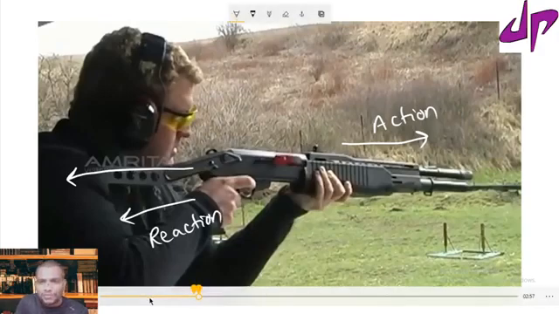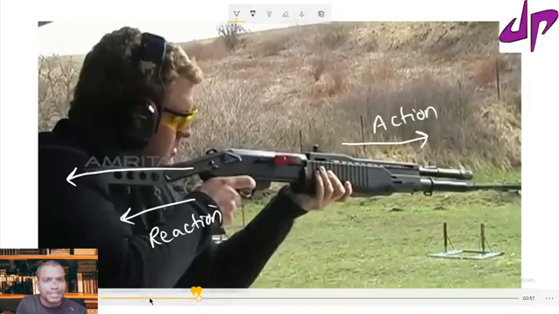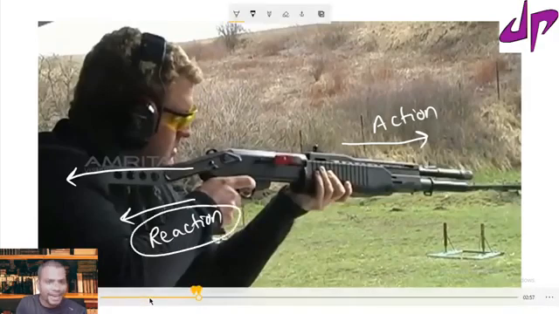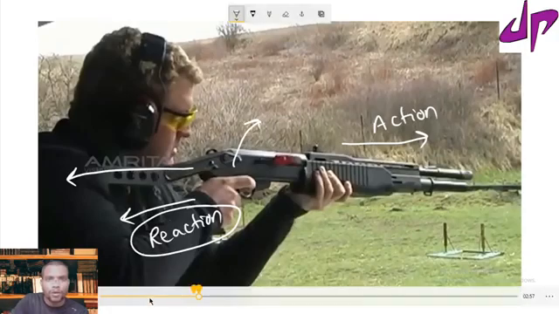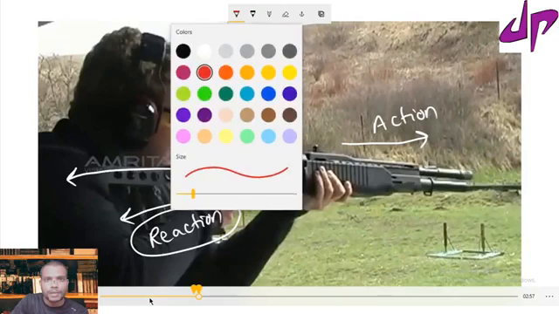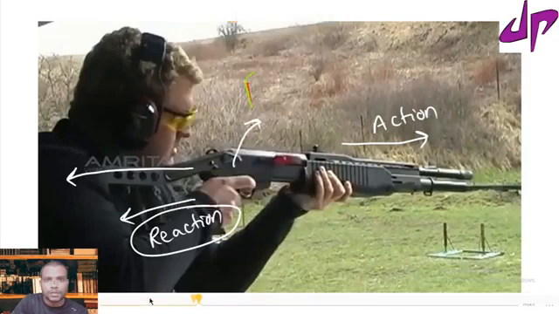When the bullet comes forward and that bullet exerts a force on the rifle, that's called reaction, and this force is also called recoil force. You can see it in the bright color, it is recoil force.